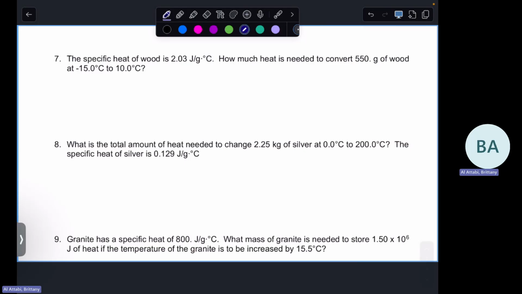Hey friends, what is this? What is happening? No, because you're talking about 5 pounds of something by 200 degrees.